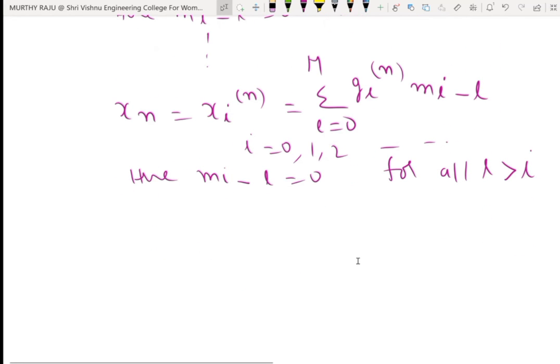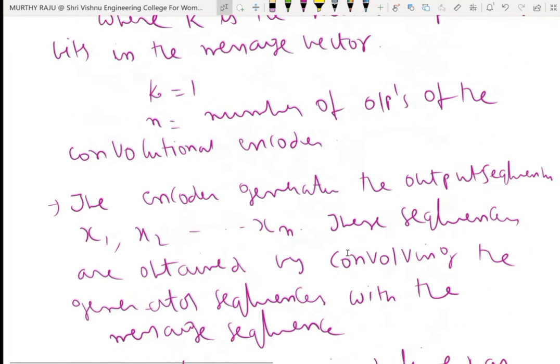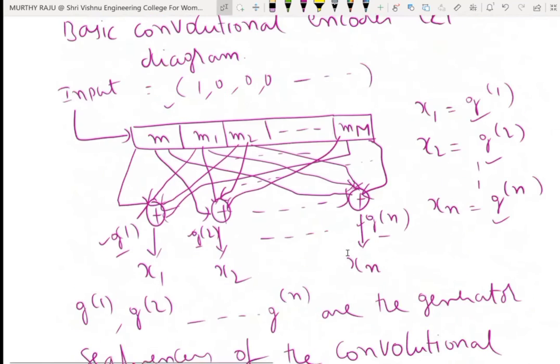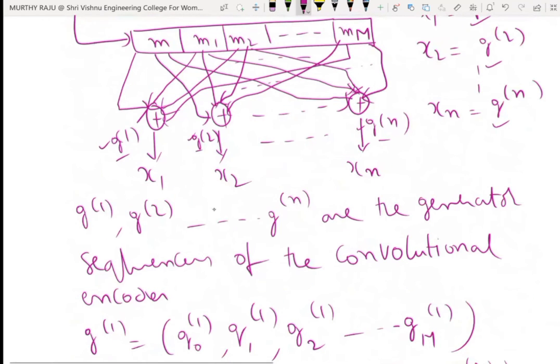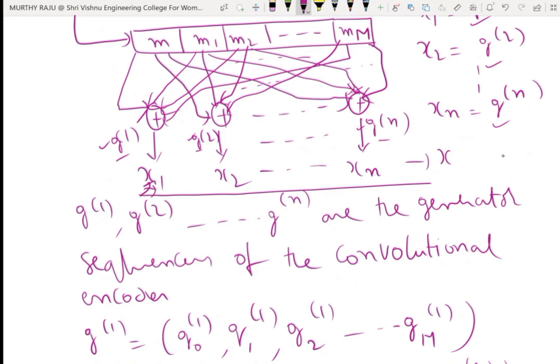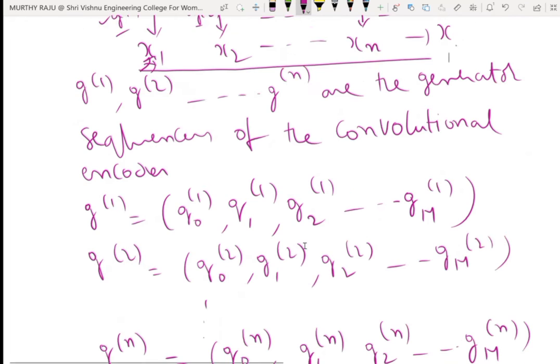Once these sequences are obtained, we use a switch. With the help of that switch, we select these x1, x2, xn values and produce an output x.